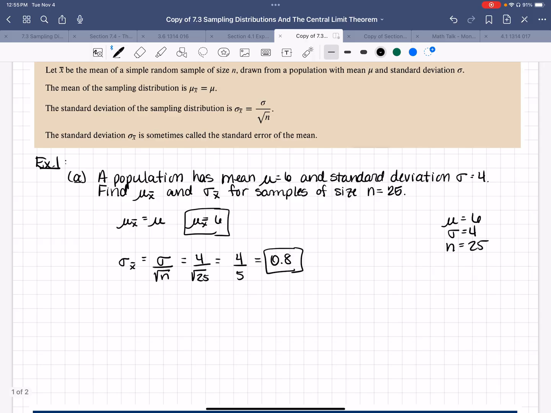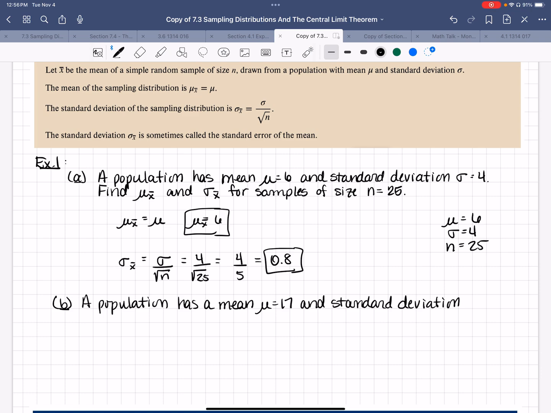B says a population has a mean mu equals 17 and standard deviation sigma equals 20.